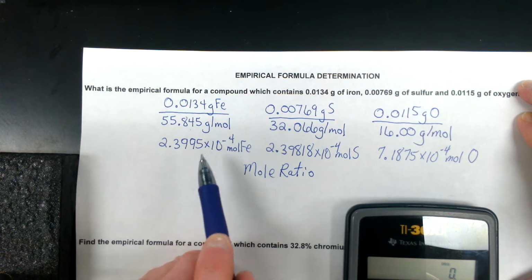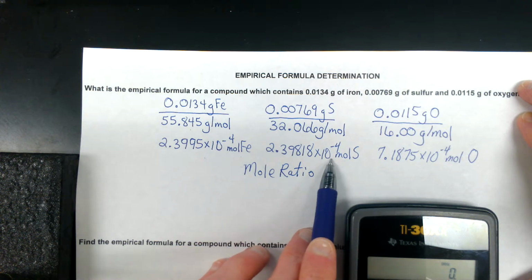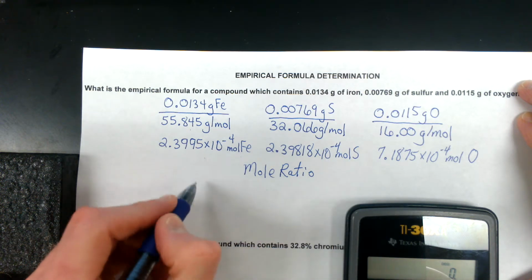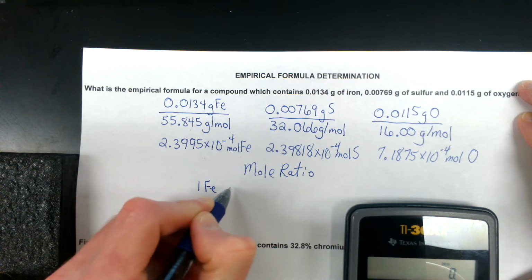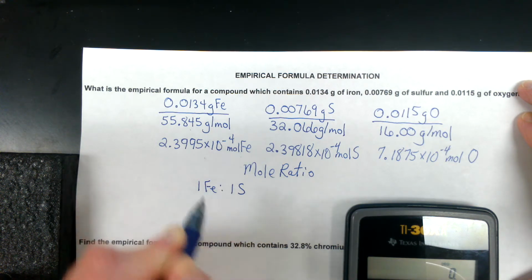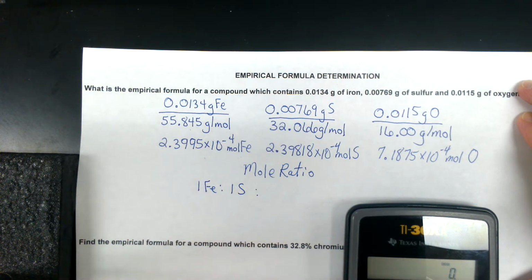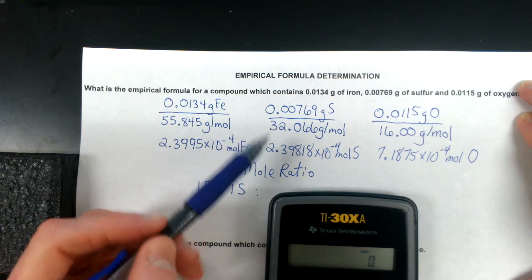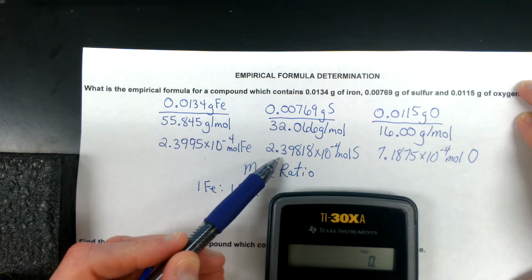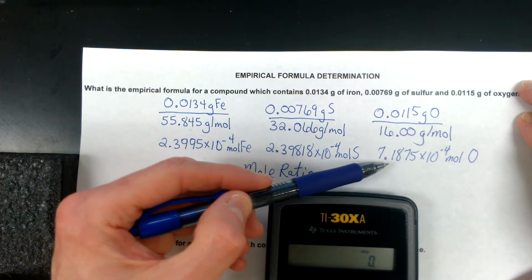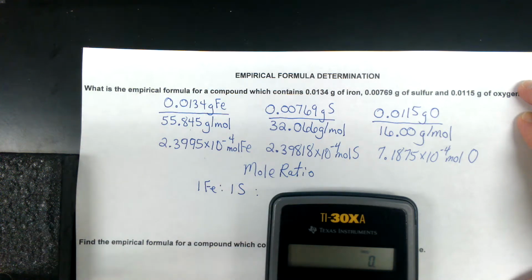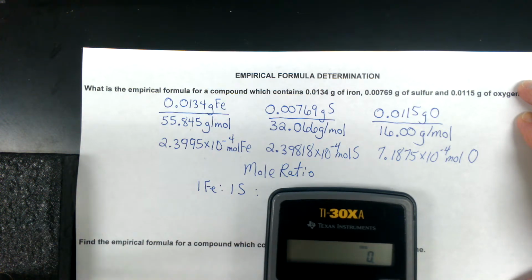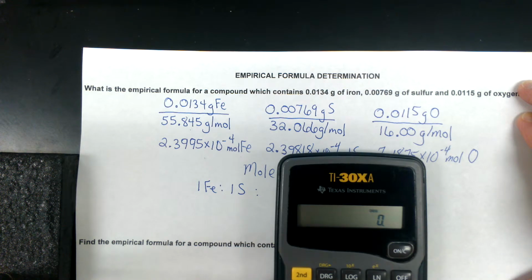We can pretty easily see that the iron and sulfur are in a 1-to-1 ratio. With the oxygen, it may be a little bit more challenging to see what that ratio is. So let's take the smallest value here and let's divide it into the oxygen so that we can see what that 1 to integer ratio is.